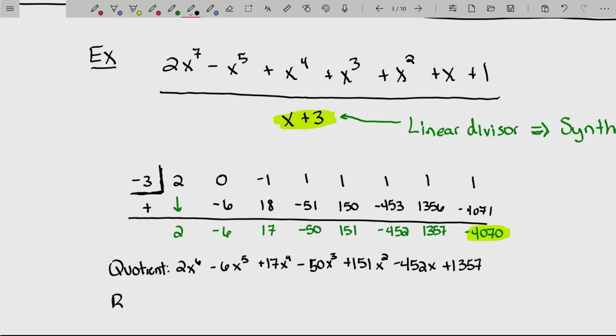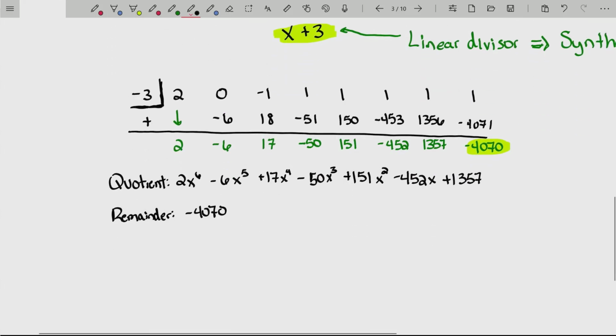That's the quotient. And the remainder, well, we already know what the remainder is. The remainder is negative 4,070. Now, you could write it that way. That's totally fine. And that's exactly what the answer should be.